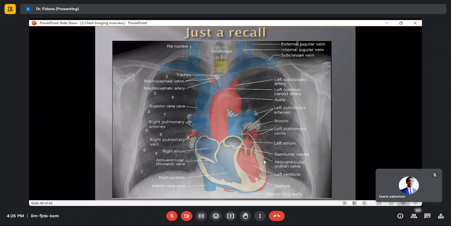If you don't know the left atrium, left ventricle, and right atrium, and that the right ventricle is in front, you can't really make a diagnosis of heart diseases. If you don't see that the superior vena cava is there, remember that on chest radiograph you don't see it as you see it here now, because it is posterior to different structures. You cannot make a diagnosis of any disease. So you should have this anatomy image in your mind, for you to always make the proper diagnosis.